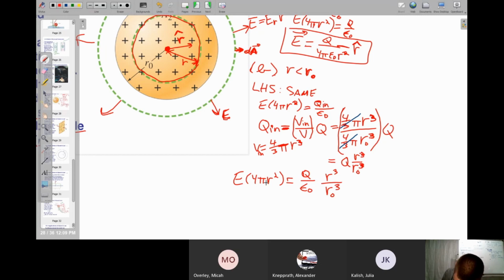I can cancel out the r squared on either side, leaving this to be just a power of 1. Then, dividing both sides by 4 pi, E equals Q over 4 pi epsilon naught times r over r0 to the third.